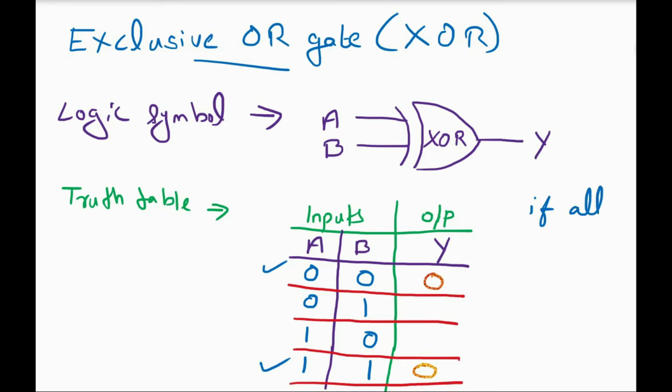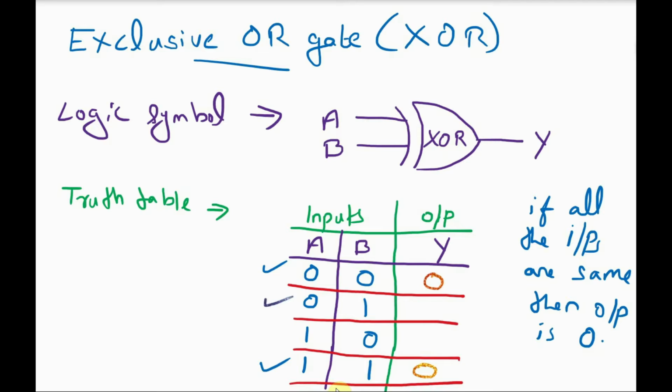And the output is 1 for an XOR gate if all the inputs are different. If all the inputs are different, then the output is 1.